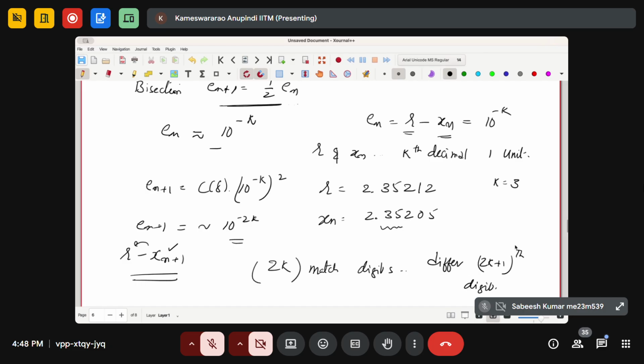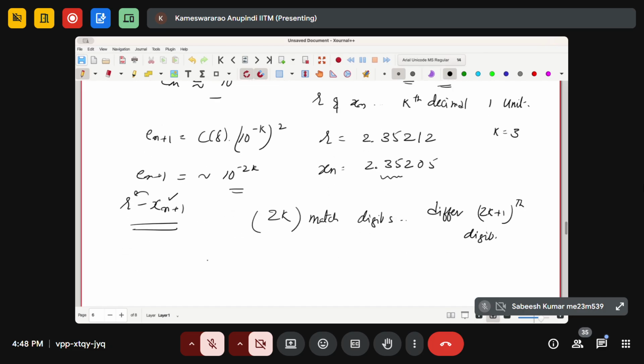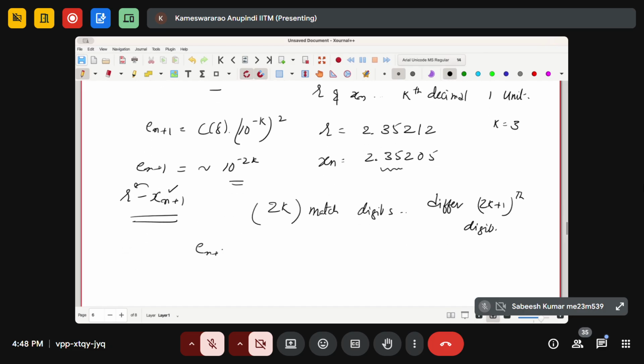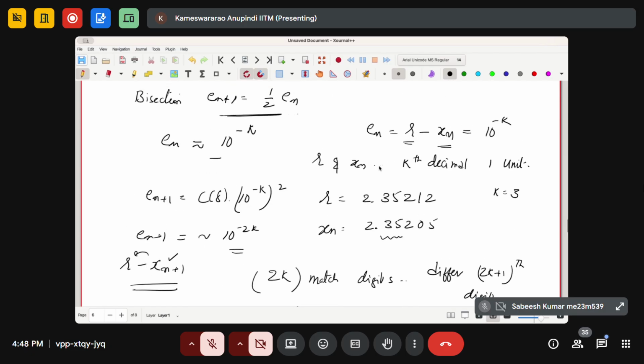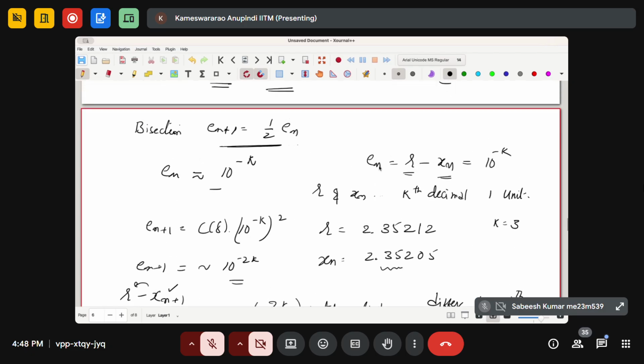That means the error in en plus 1 has twice as many correct decimal values than en. That is remarkable because you are able to converge in a quadratic way. So that is the power of Newton's method.